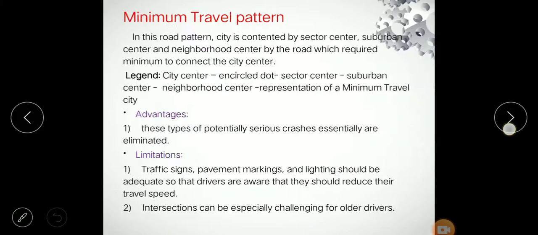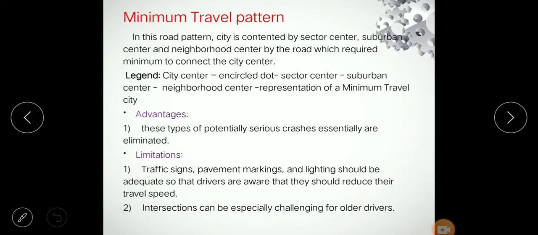The sixth type is the minimum travel pattern. In this road pattern, the city is connected by sector centers, suburban centers, and neighborhood centers by the roads which are required minimum to connect the city centers. Okay.